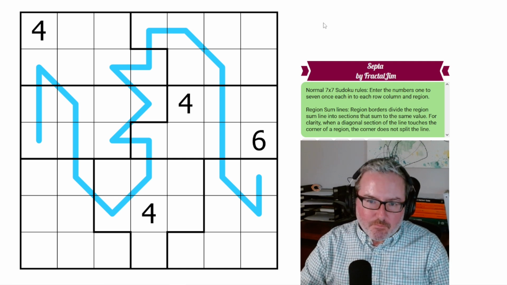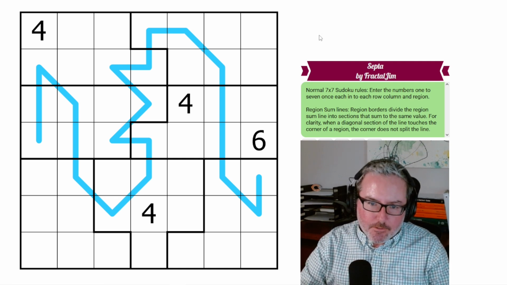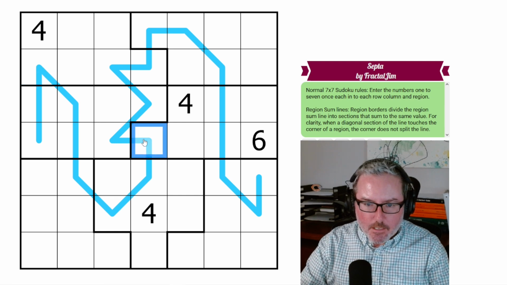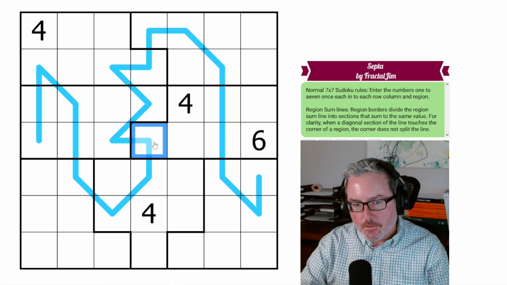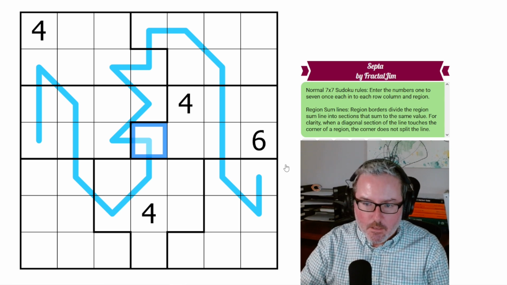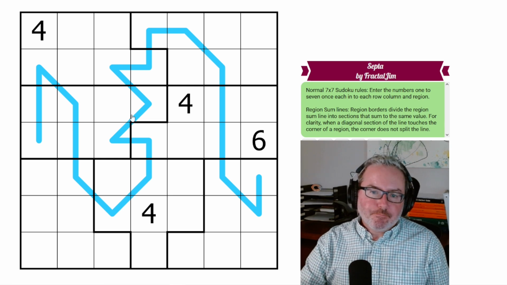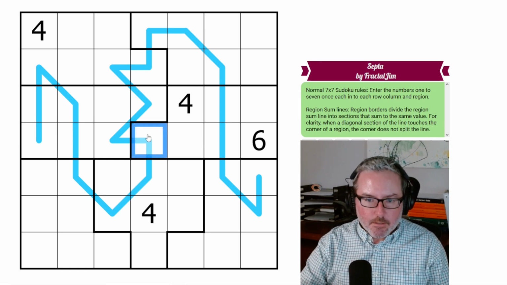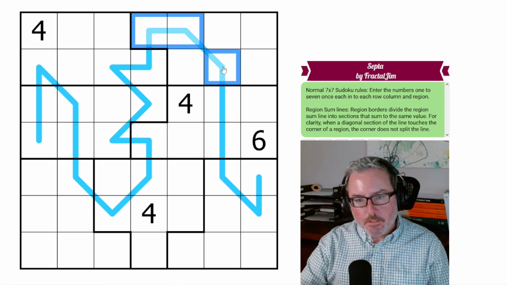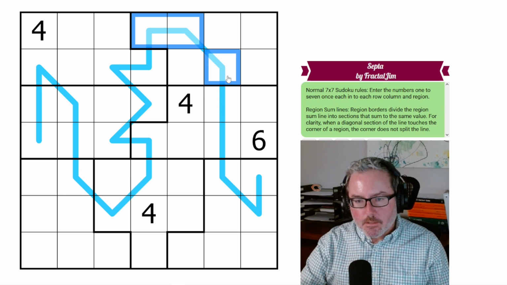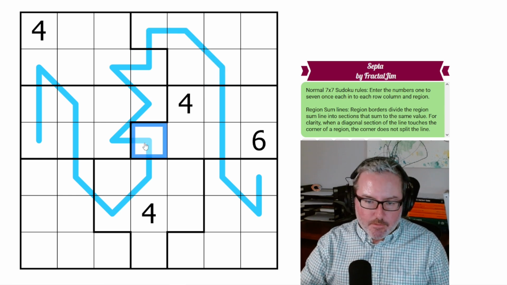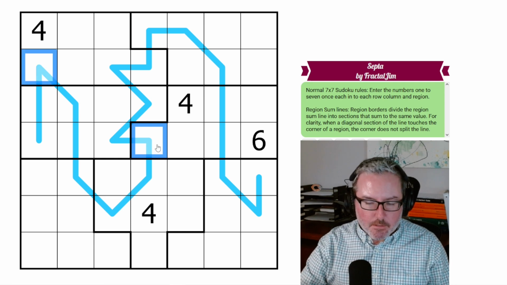So the first place I saw where there's a couple of single cells on our region sum line, those are usually the best places to start looking for a region sum line, because if you have a single digit in one of them and then you have multiple digits or cells in another region, you're going to be severely limited as to what you can put into these.